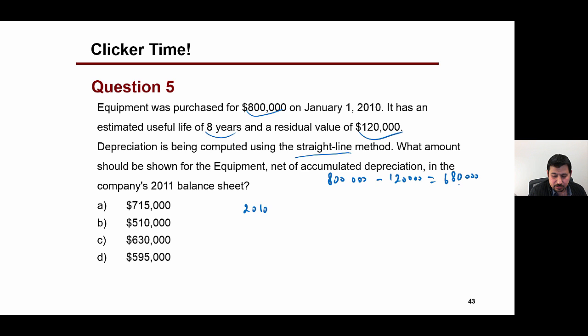So it is 680,000 multiplied by 100% over 8 years, and that would be equal to 85,000. This is the depreciation expense.